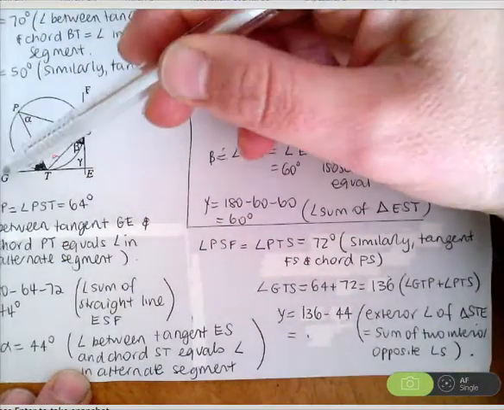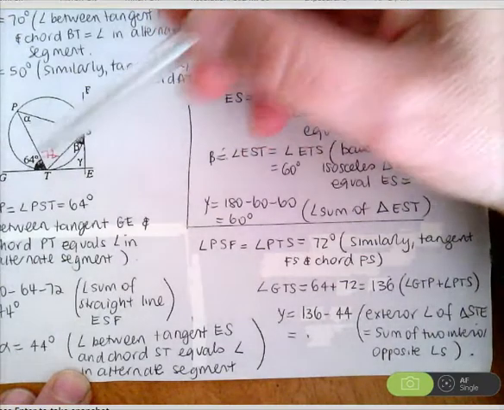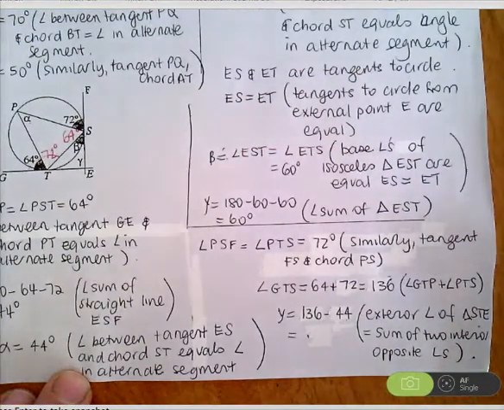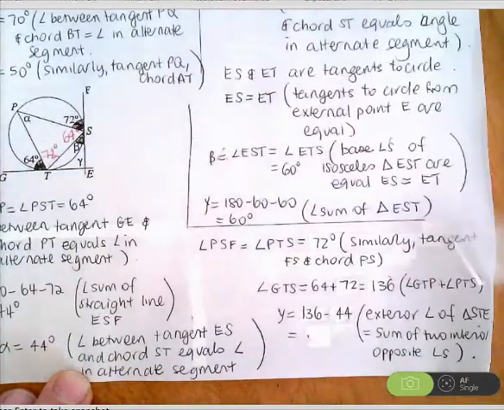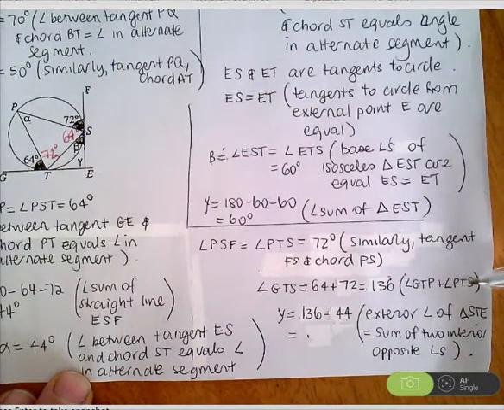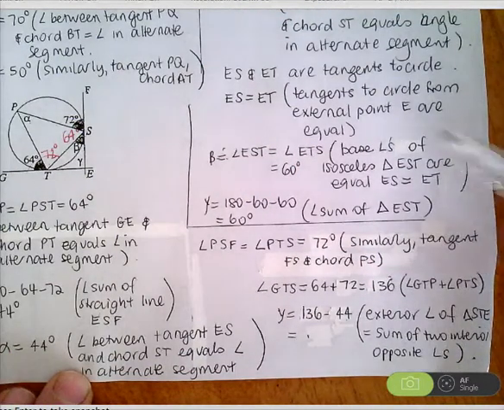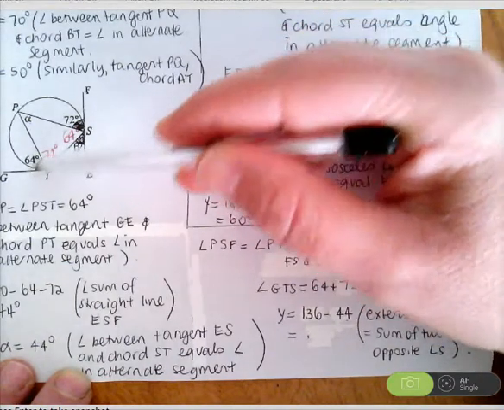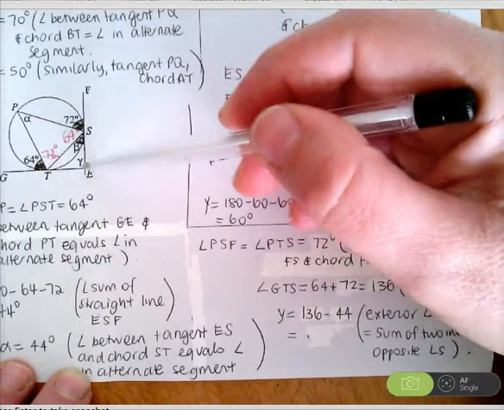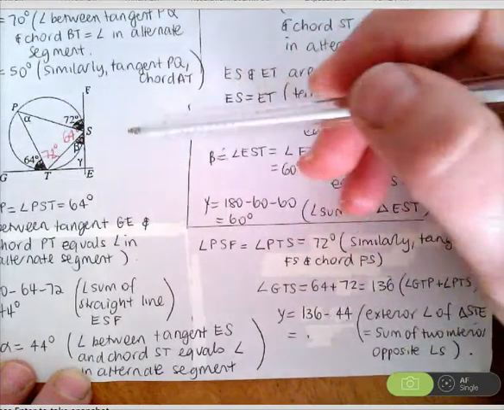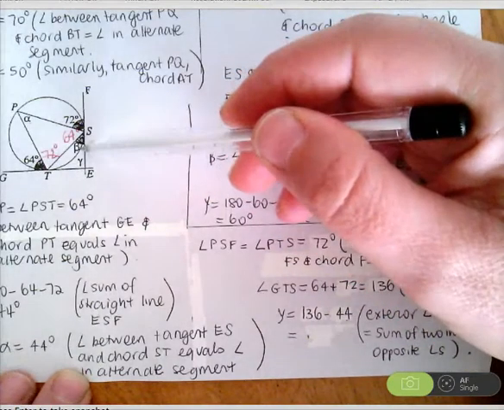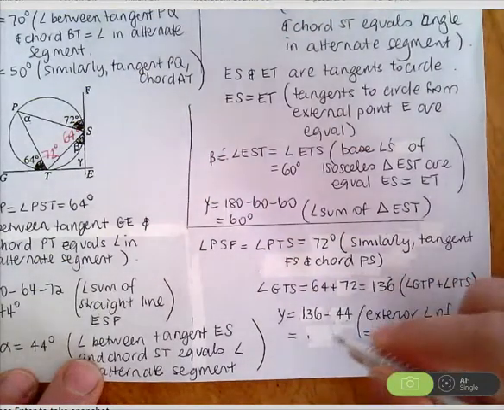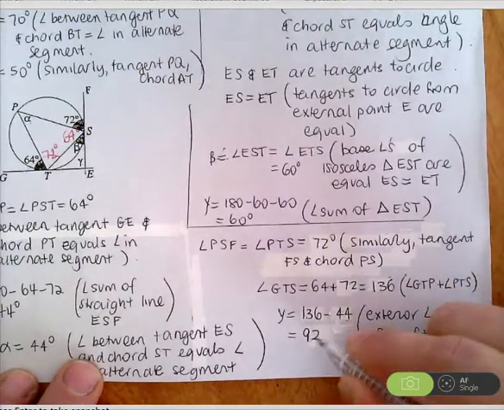And we now know that angle GTS is equal to 64 plus 72, which is 136 degrees, because that's just the sum of those two angles, GTP and PTS. And so gamma plus beta is 136, or gamma is 136 minus this beta, which is 44, which happens to be, I think, 92 degrees.